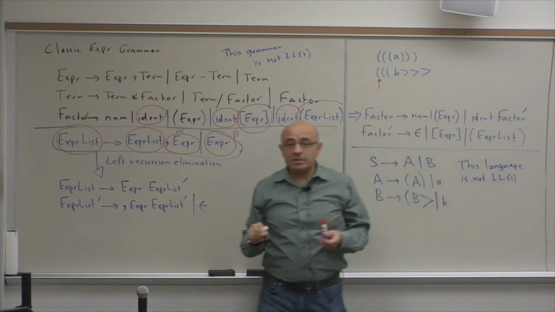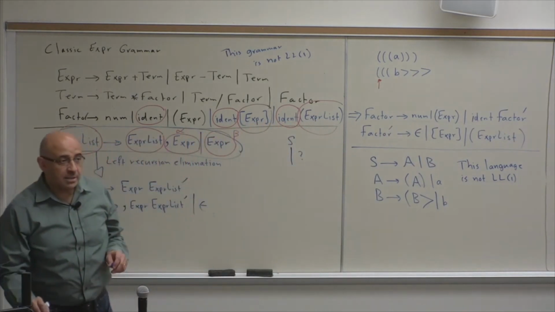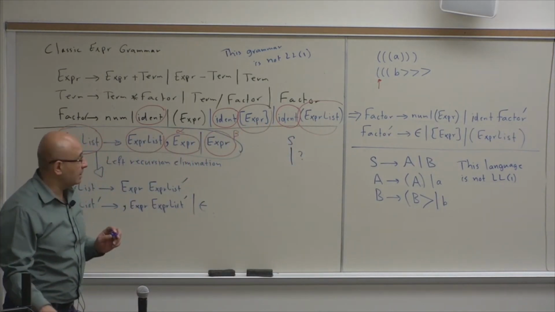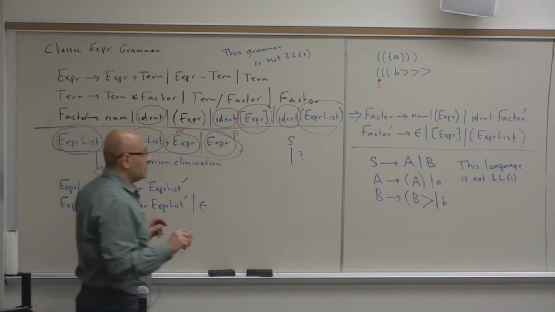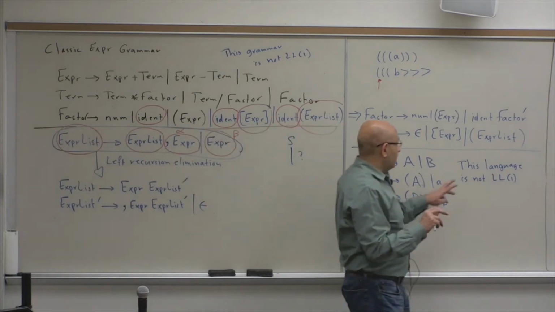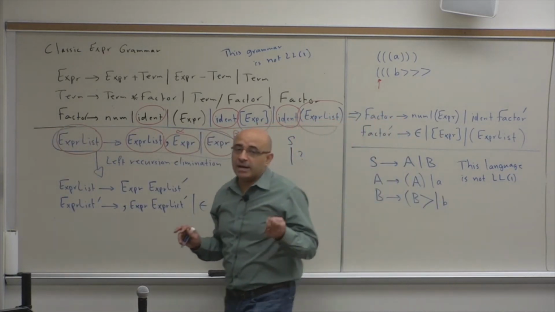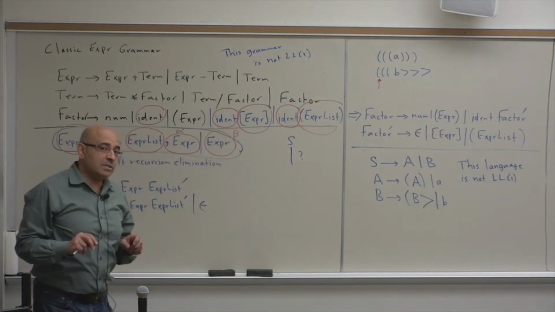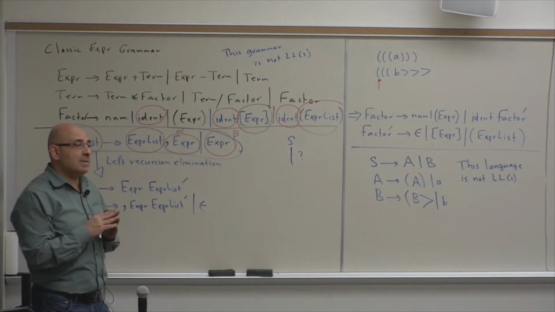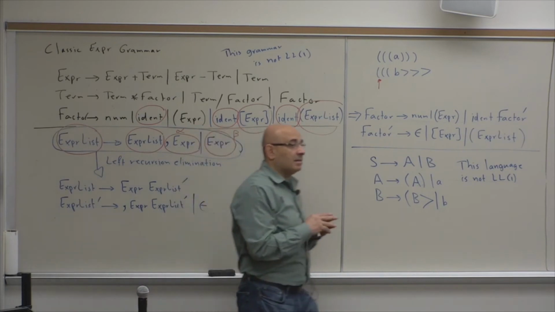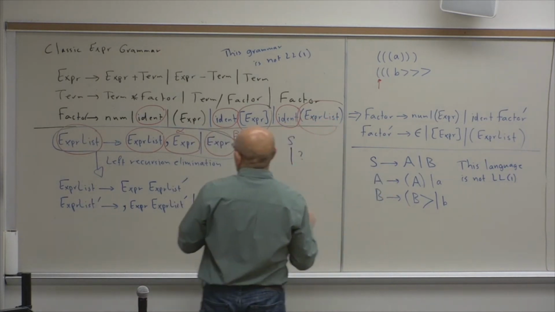Now this is a subtle concept that we need to understand very well. When we say that a language is not LL1, this means that you can never find an LL1 grammar for it. But when you say that a language is LL1, this means that there exists at least one LL1 grammar for it.